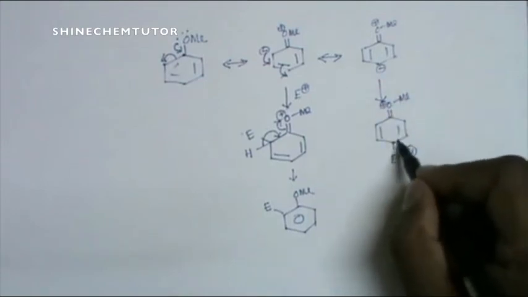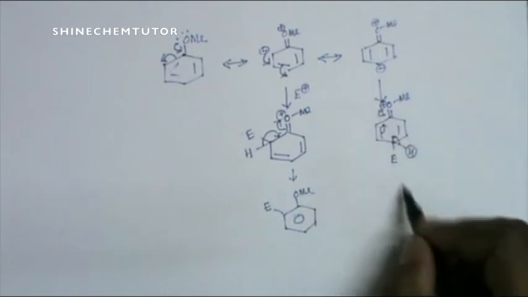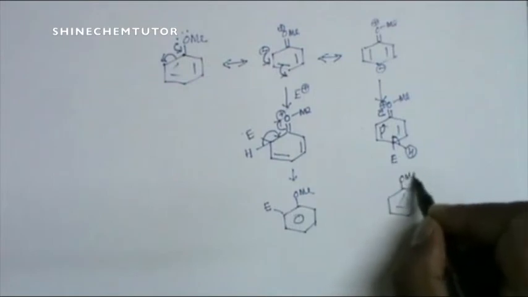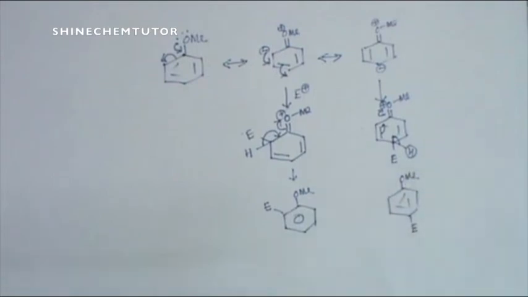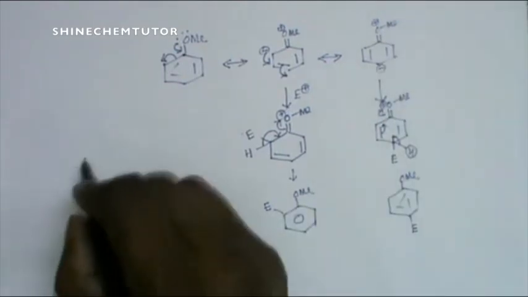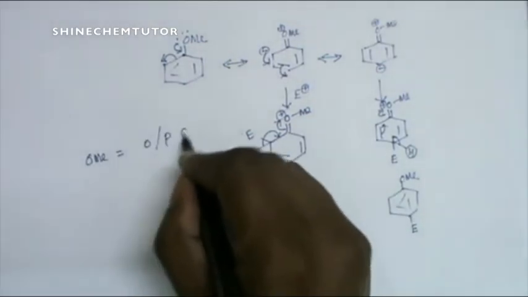This hydrogen will be removed. We get para substituted product. So it is possible to get both ortho and para substituted product. It is because of OMe. So OMe is referred as ortho and para directing group.